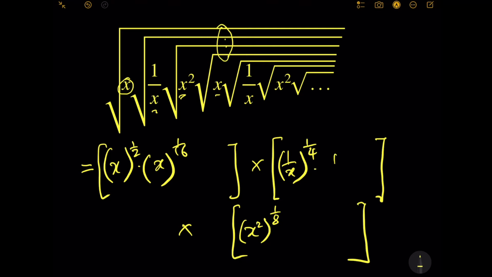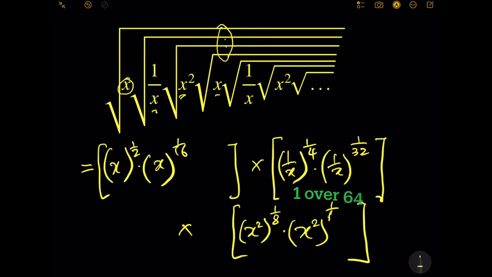Obviously, the 1 over x here will be powered by 1 over 32. And the x squared here will be powered by 1 over 64, and it goes on and on.